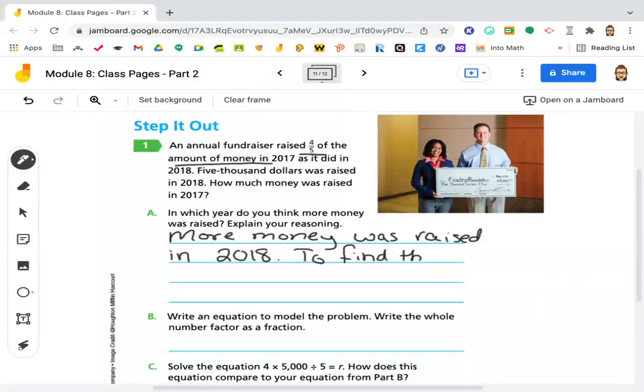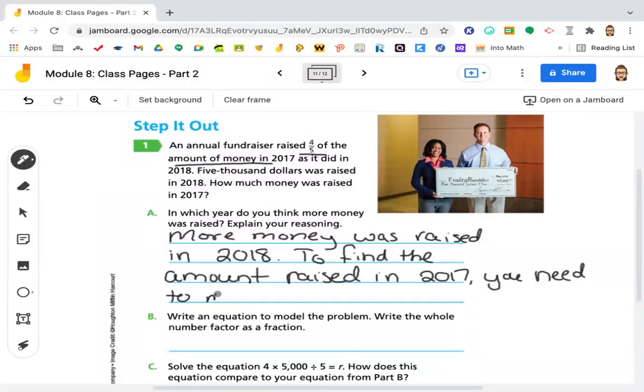To find the amount raised in 2017, you need to multiply 4/5 times 5,000, which is finding a part of the whole.